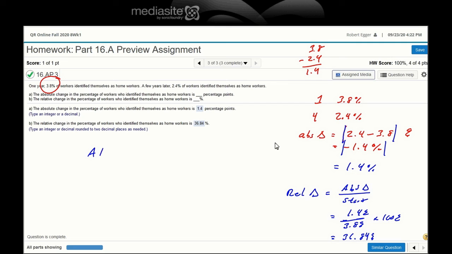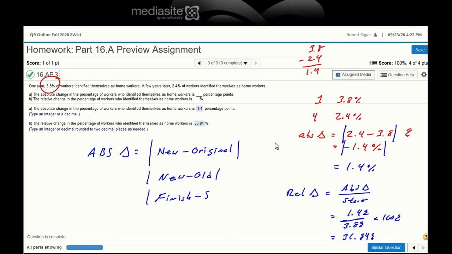Remember how they're defining it. Absolute change, they use the absolute value signs for absolute. Basically, new minus original, or new minus old, or finish minus the start.